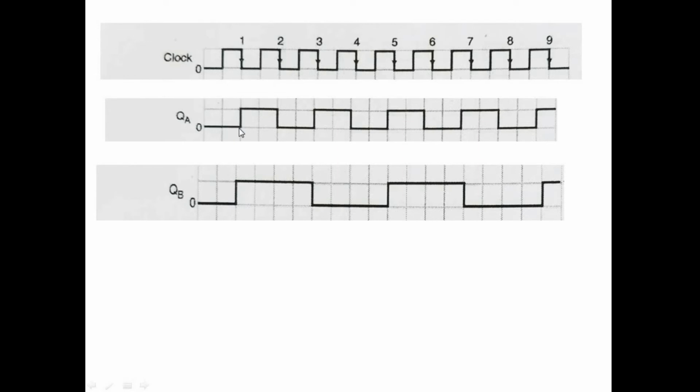So whenever there is a transition from low to high, the output changes its direction. Next, here you can see the flip-flop changes its state. The same thing, the clock input goes from low to high. I have told you, whenever there is a transition from low to high, the output of Q changes its state.